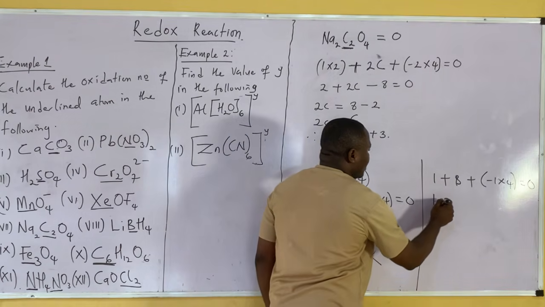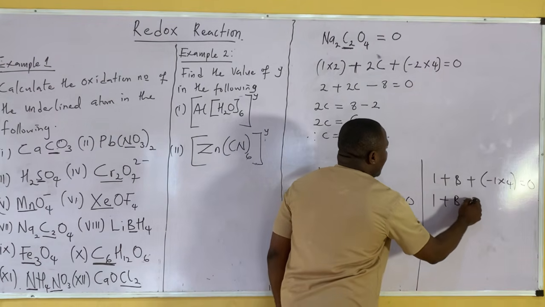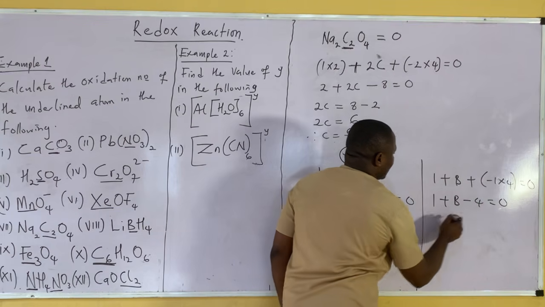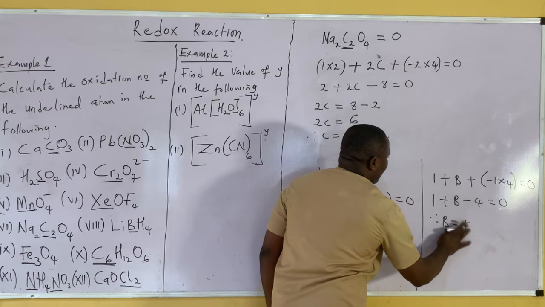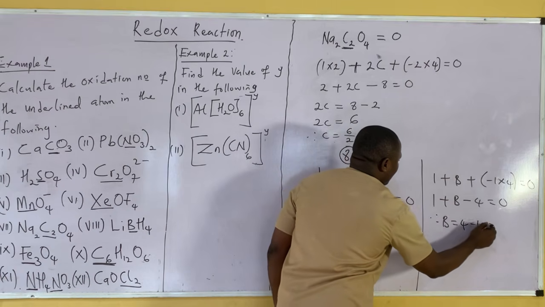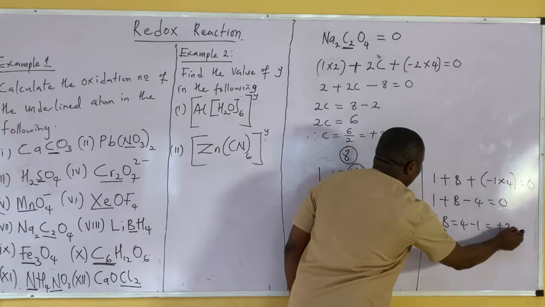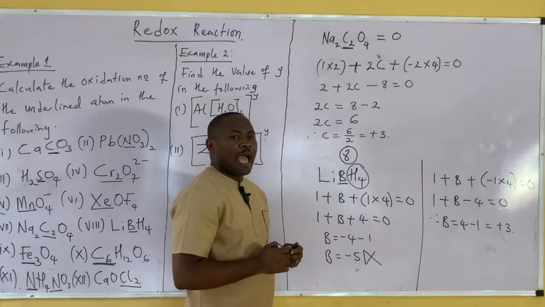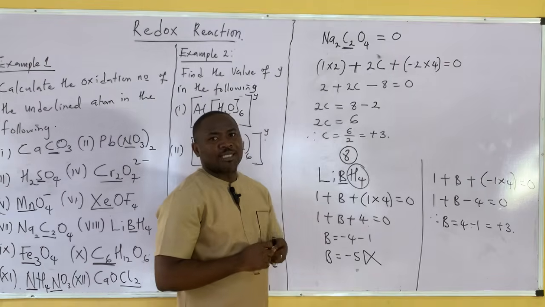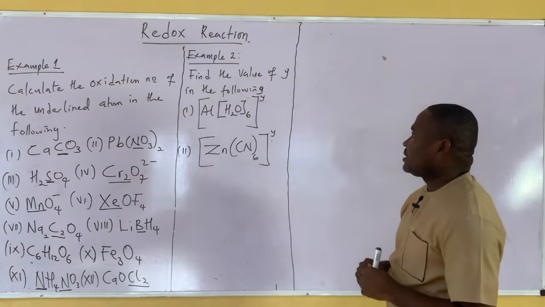So what we have now is 1 plus B minus 4 equals 0. Therefore, boron is equal to 4 minus 1 equals plus 3. So this is now called lithium tetrahydroborate. Thank you.